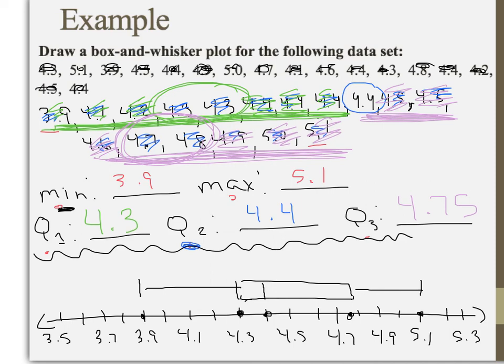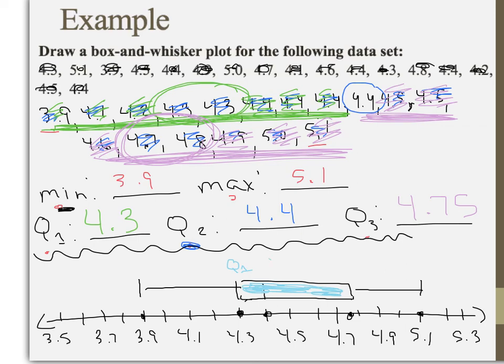Now what this represents is the numbers that are in the box here. This part, this is where most of your numbers within your data lie. And remember, the left end of the box is your quartile 1, so that's your lower median.